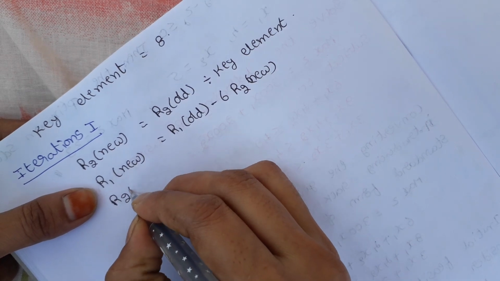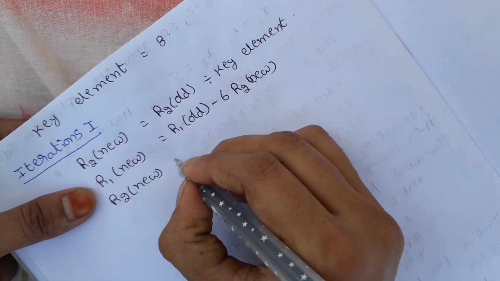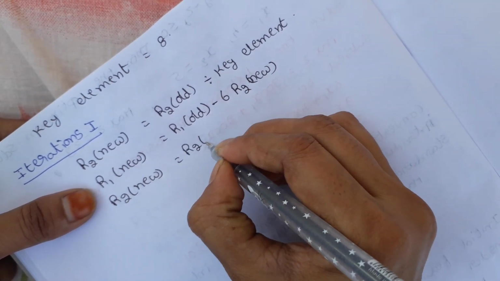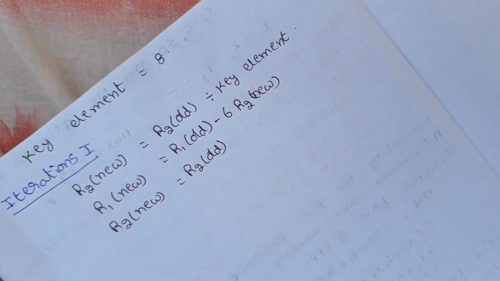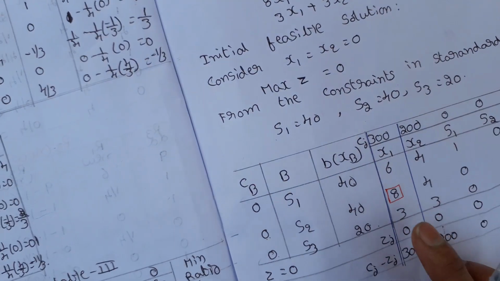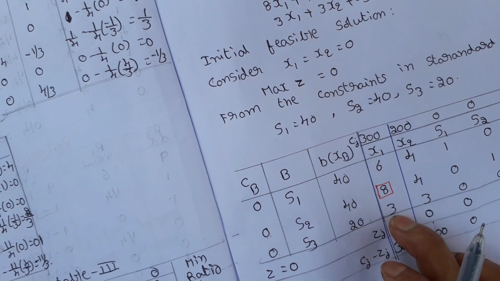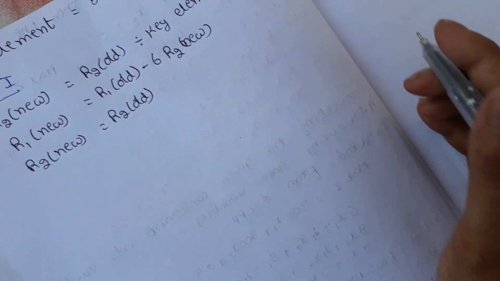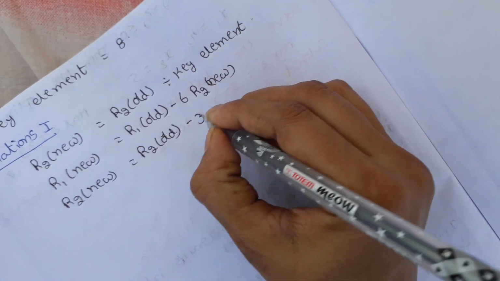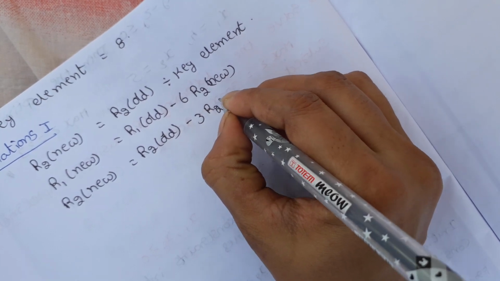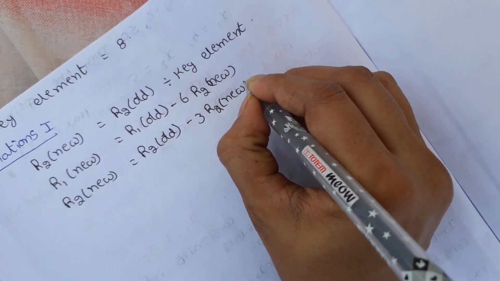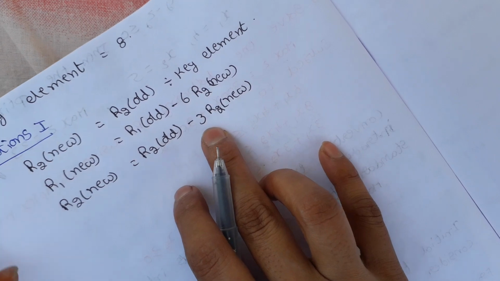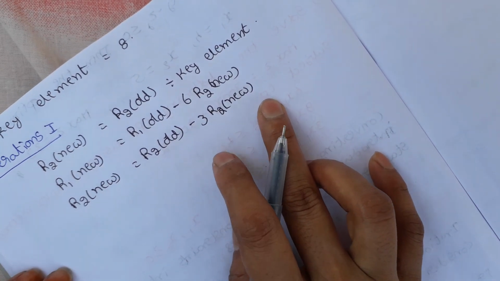Next, R3 new is equal to R3 old. It might be plus or minus, and for that we check here. It is plus 3. As it is plus 3, here we will take minus 3 into R2 new. Why R2 new? Because this is the row where the key element is present.